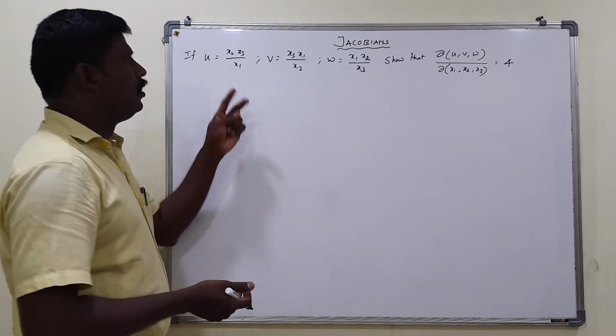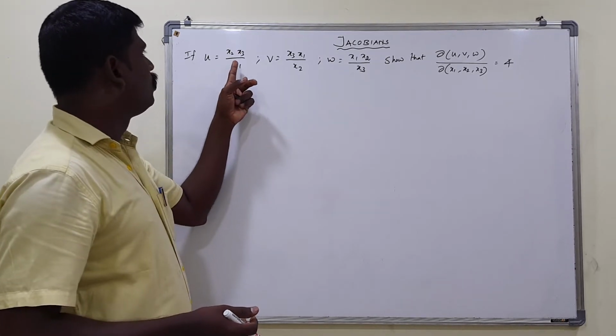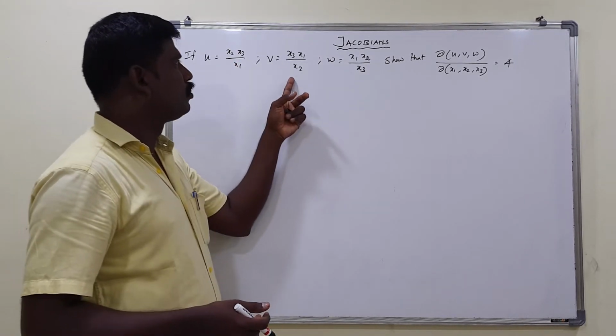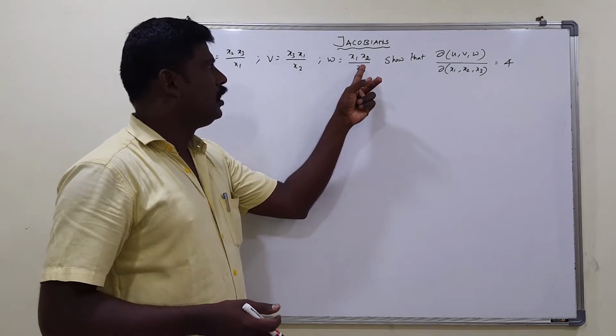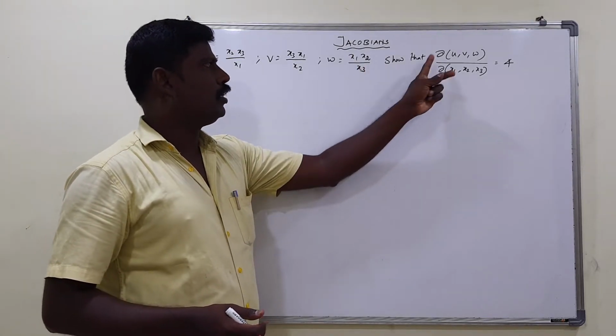So u = x2x3/x1, v = x3x1/x2, w = x1x2/x3. Show that we want to do that.